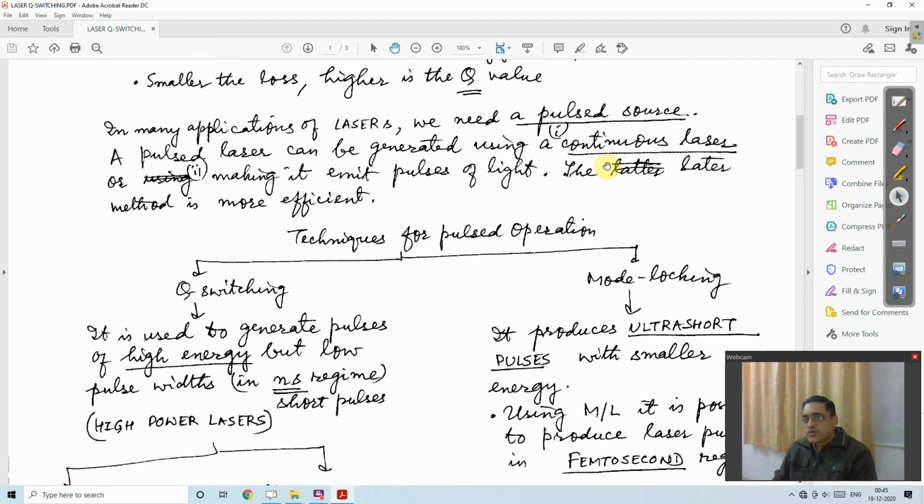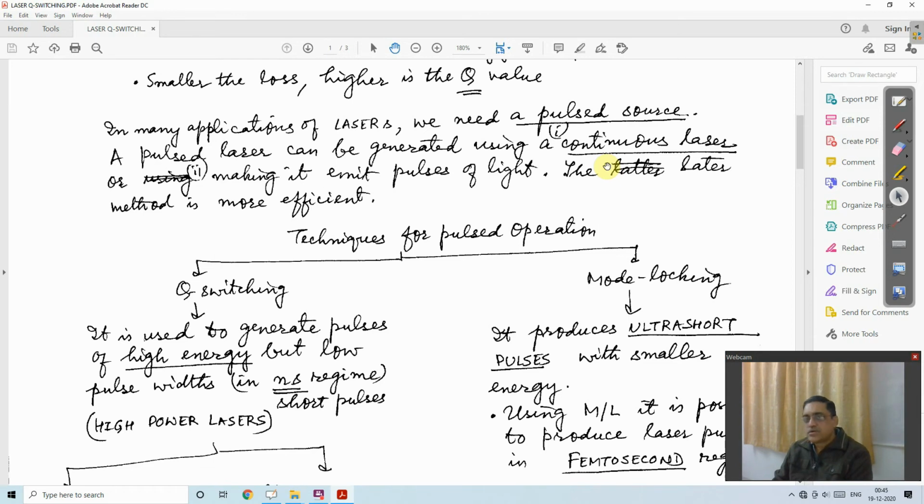Changing from a continuous laser to pulses is not an efficient method, because the efficiency, the gain, and the cost are higher.